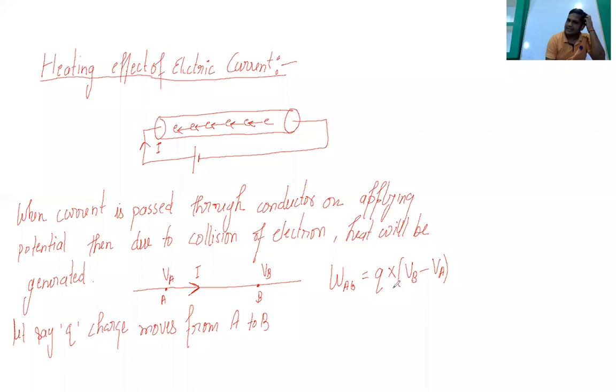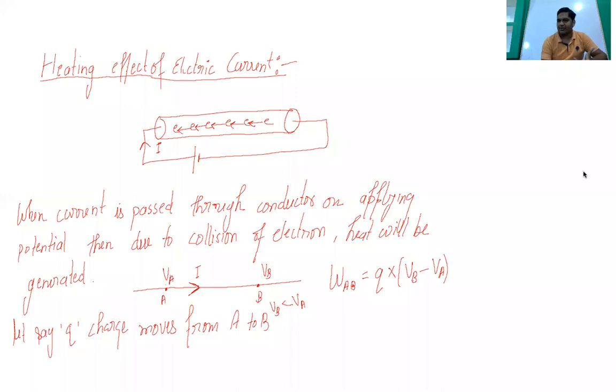So this is basically the main concept: whatever work is done is equal to Q into the potential difference. And dear students, you see that current always flows from higher potential to lower potential. So the potential VB will be lower than VA, because this point is at higher potential and that point is at lower potential.